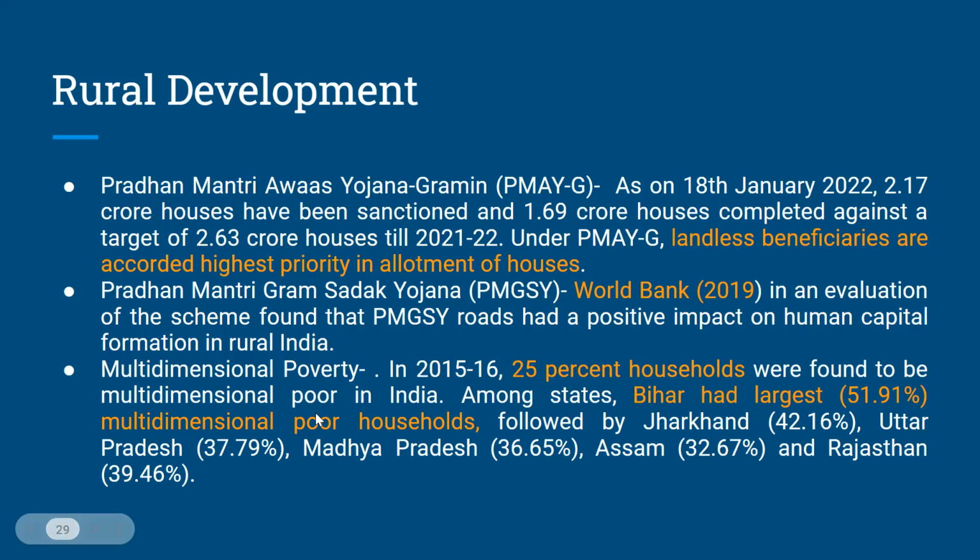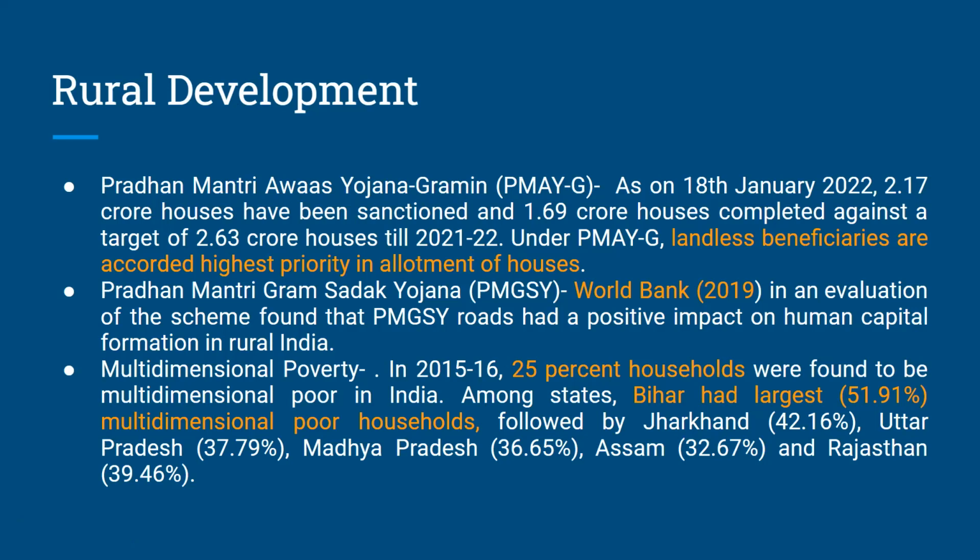Next, we will see certain information about rural development. Here again, the government has implemented certain schemes like Pradhan Mantri Awas Yojana Gramin and Pradhan Mantri Gram Sadak Yojana, which have had a significant impact on rural development.